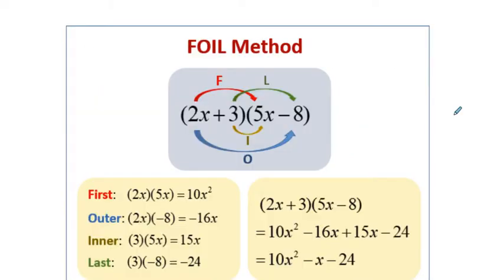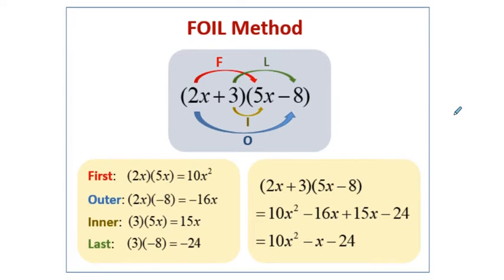So often what people use to do this is a binomial, two terms, and this is another binomial, another two terms. People use this method called the FOIL method. It stands for first, outer, inner, last. F is first, O is outer, I is inner, L is last. So the FOIL method is just a method that some people like to use to multiply binomials.